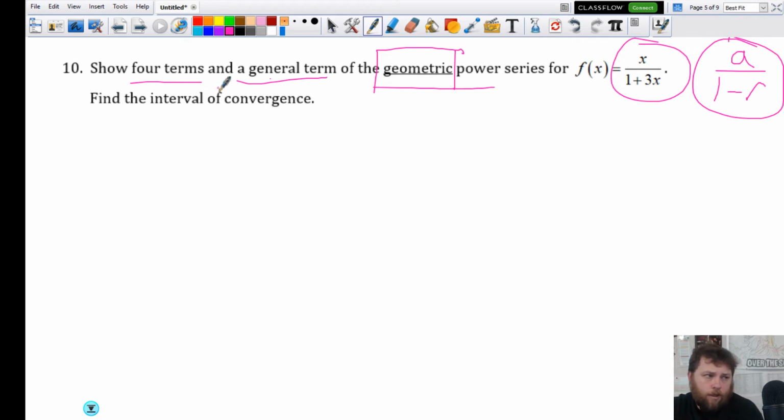What I really have to do is use this to figure out my a and r, and I want to put it in the format a times r to the n power. So I want to convert it. Here's what you do. What would my a be? My a is the top. What's my r going to be?